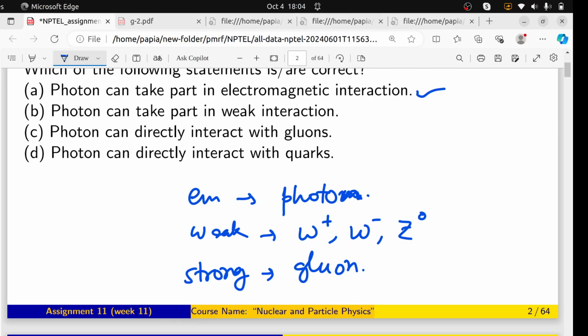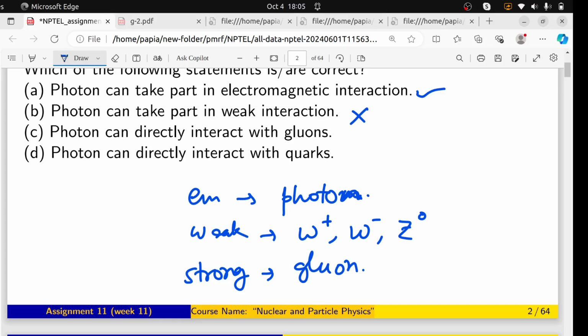We will talk about weak charge a little later. But photons do not have any weak charge, so photon cannot take part in weak interaction.